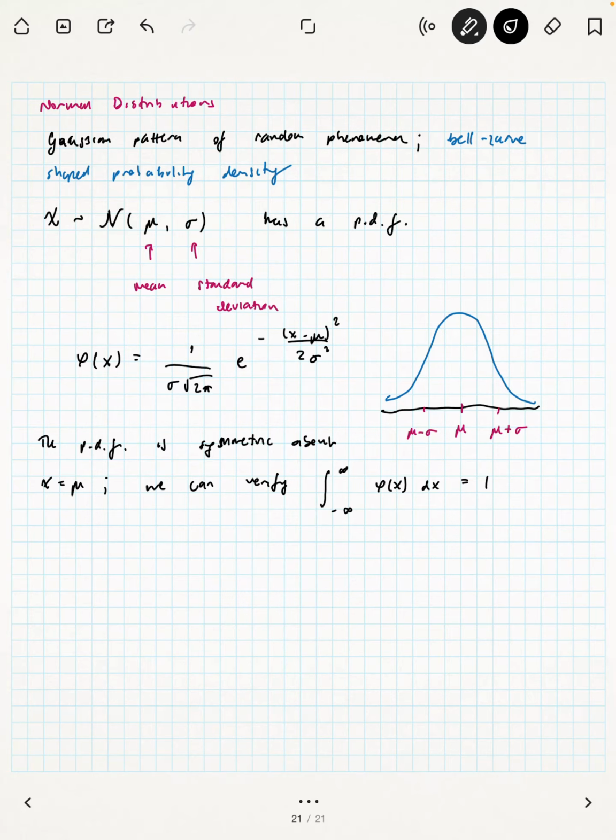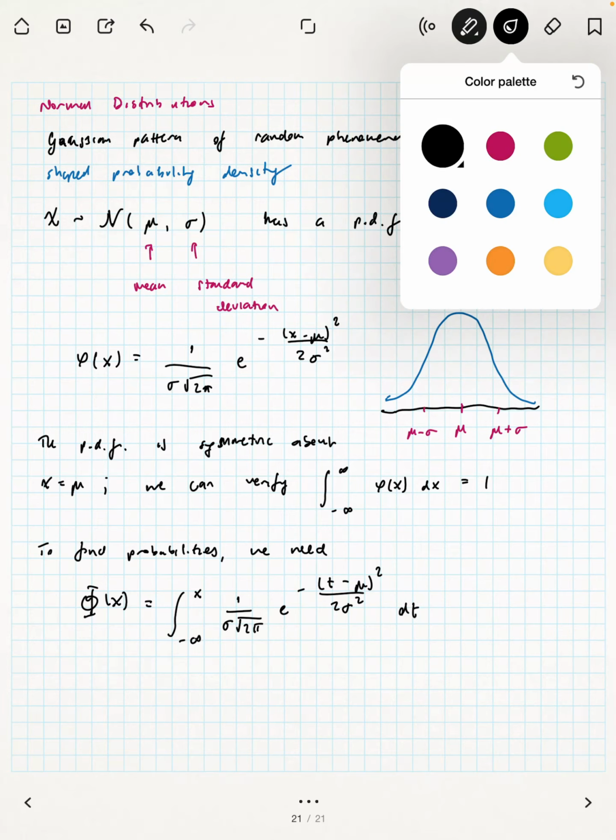Okay, so to find probabilities, we need values of capital Phi of x, which is equal to the integral from negative infinity to x of 1 over sigma square root of 2 pi times e to the negative, I'm going to use a different letter variable, t minus mu squared over 2 sigma squared dt.